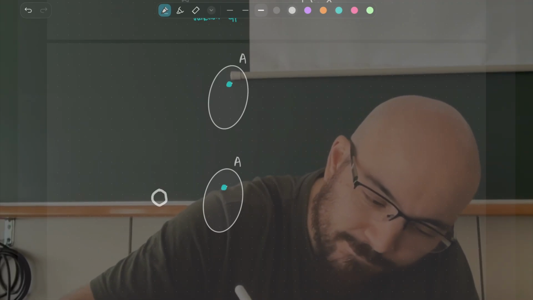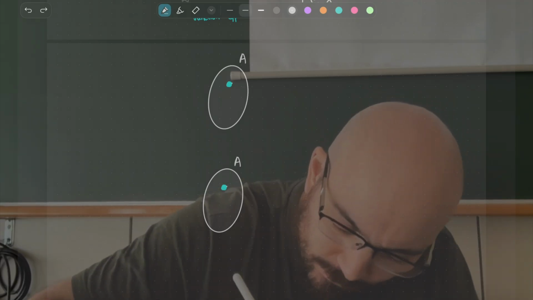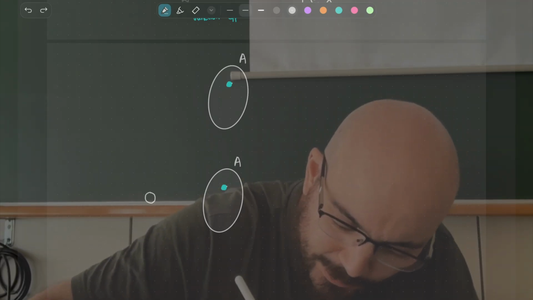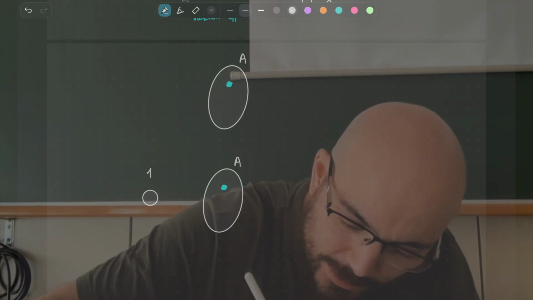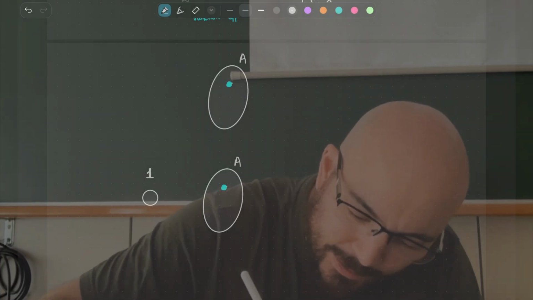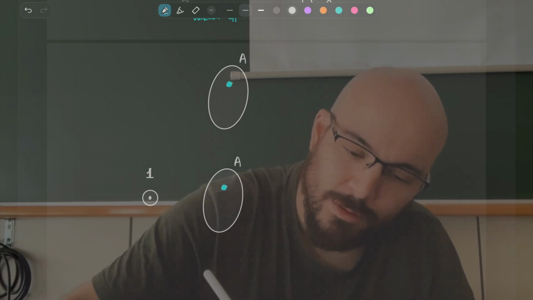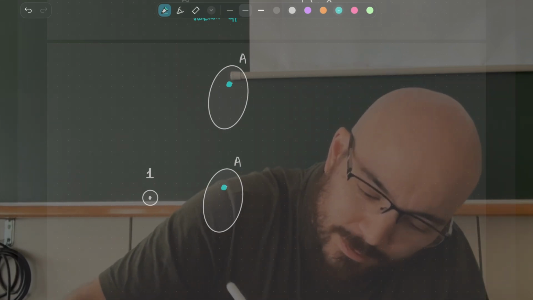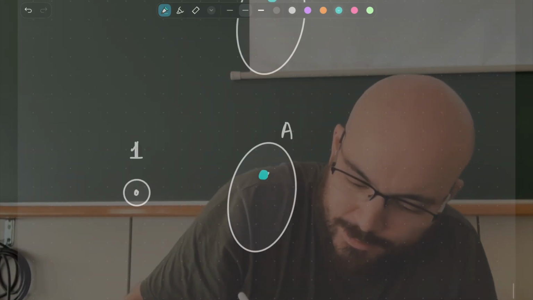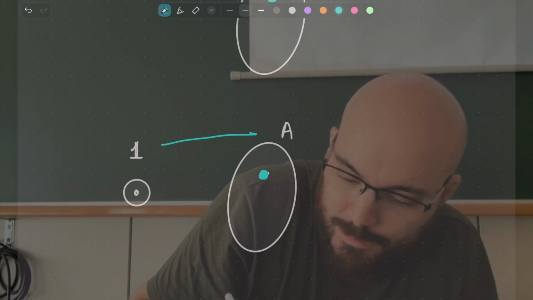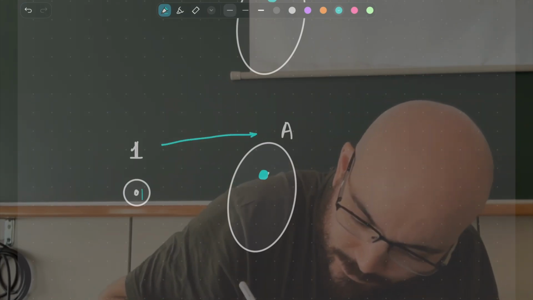So pick your favorite singleton, let's call it 1, and it has a single point in it. And now the blue thing is just the function that sends this point to your blue thing.